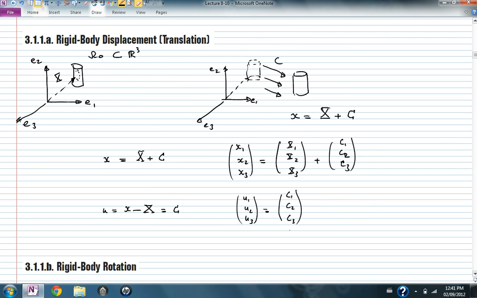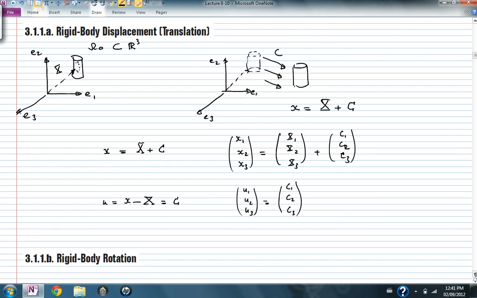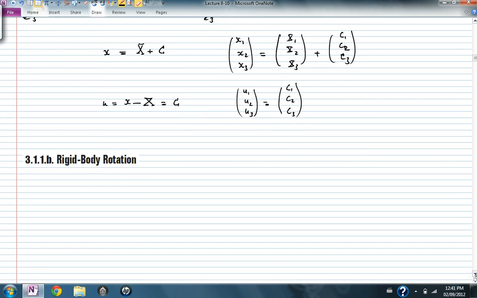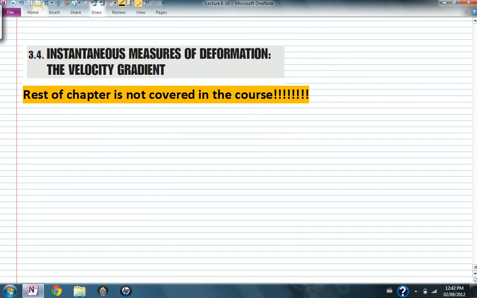A rigid body rotation is described by the following.